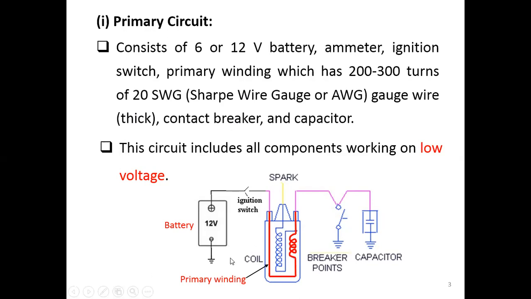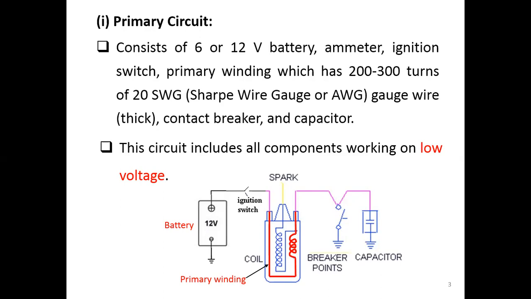So in here you can see that if this contact breaker closes, we have an electrical flow to the capacitor, so the capacitor will store this electrical current within itself. And when this breaker point opens, it will discharge the current back to the primary winding to help the primary winding.